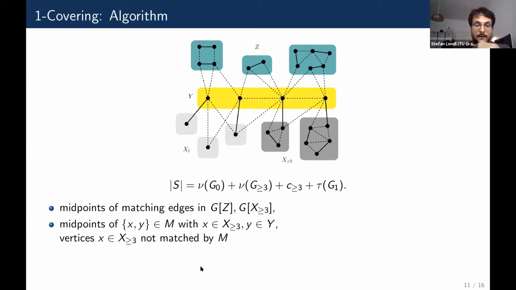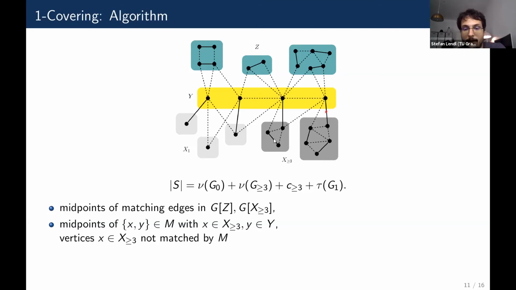Good. Then for midpoints on edges X, Y in the matching that match some vertex in Y with some factor critical component in a large component, we would take the midpoint again. So here, for instance, the midpoint.